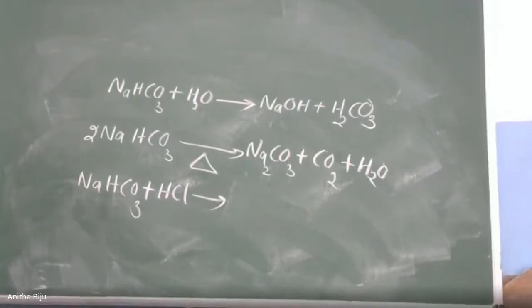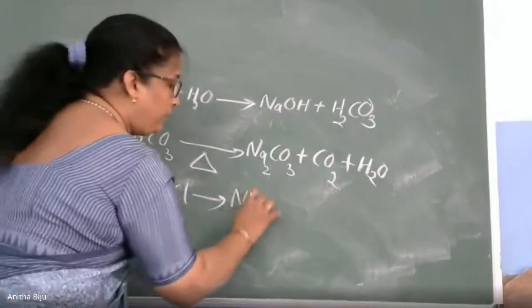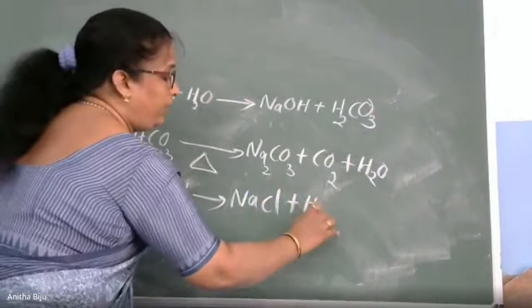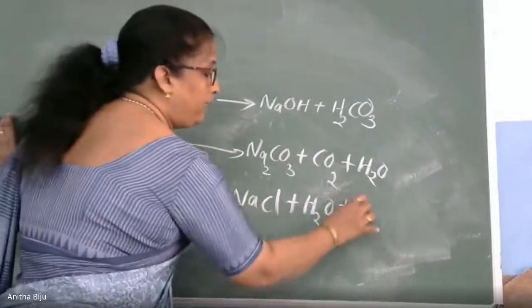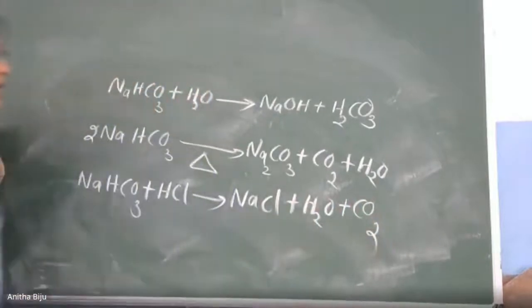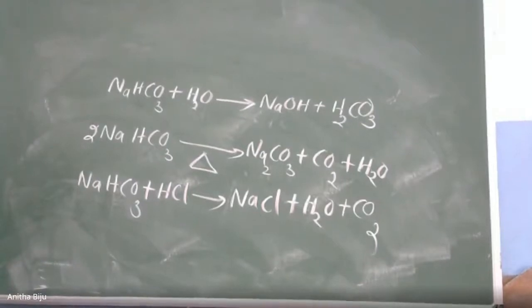But since it is a carbonate, we get carbon dioxide. So this is the way you can remember the products: NaCl plus water are the 2 common products. Since it is a bicarbonate, we get carbon dioxide as the third product. So these are the 3 products formed when baking soda reacts with hydrochloric acid. Okay, so these are the 3 chemical reactions.